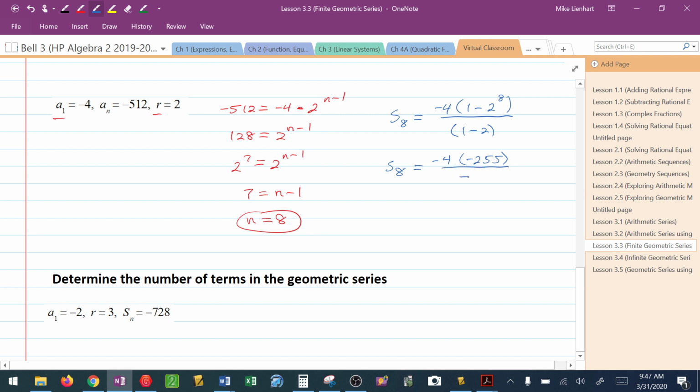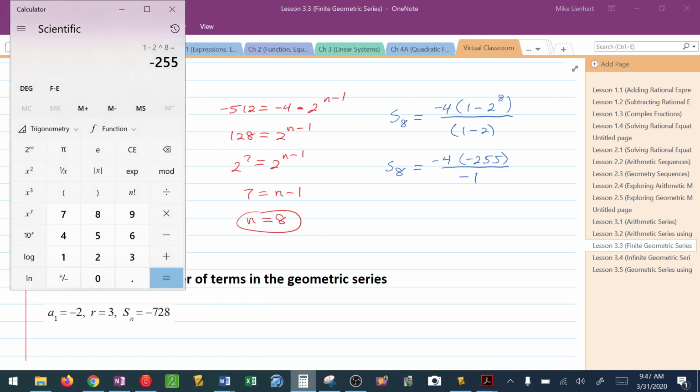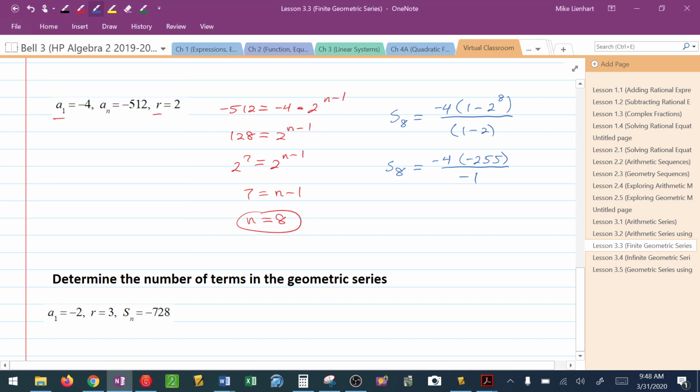Divided by negative 1. All right, and then to clean this up, I have negative 4 times negative 255 divided by negative 1. And obviously you could do some of this without typing everything literally in. Okay, so I get negative 1020.